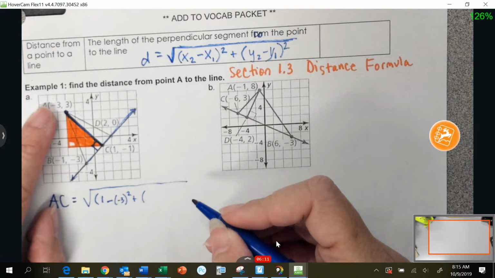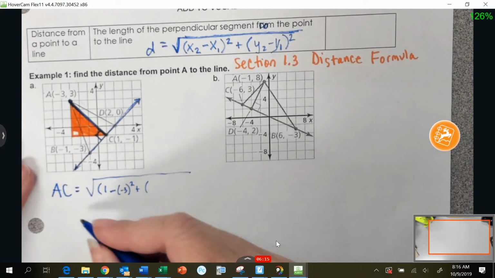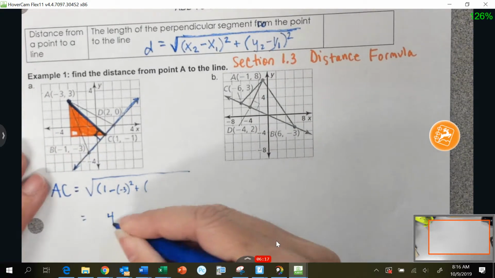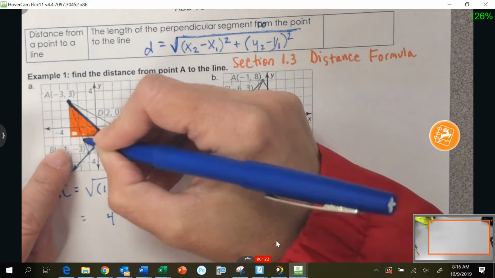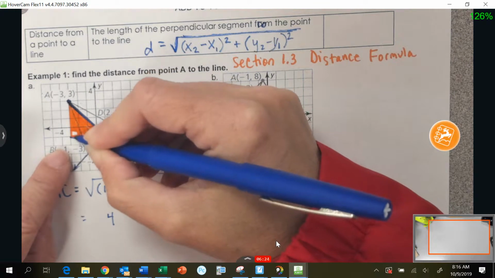And what is 1 minus negative 3? 4. So the distance between the x's, or the side of this right triangle, is 4.